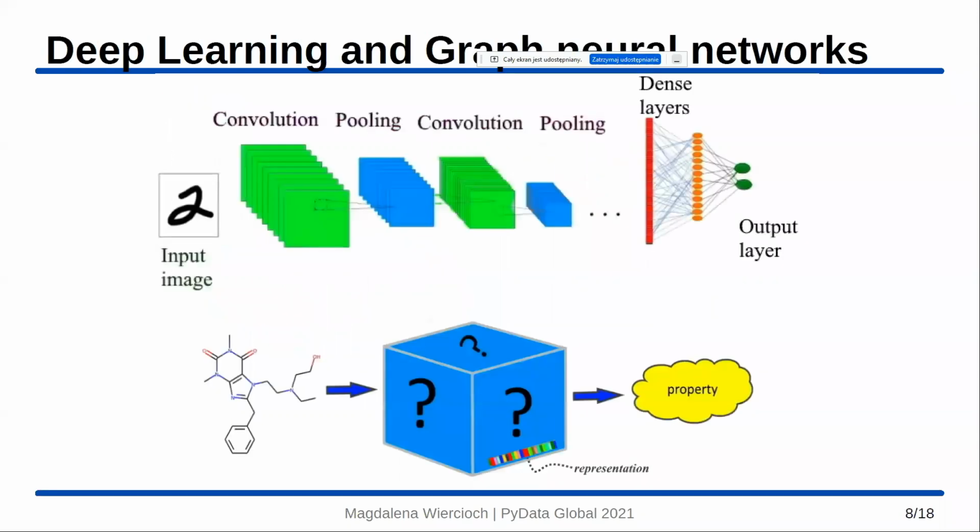Over the last few years, deep learning methods have made significant progress on numerous machine learning tasks, leading to a substantial improvement of the state of the art in many areas of research. They have also revolutionized the way problems in cheminformatics are being solved.